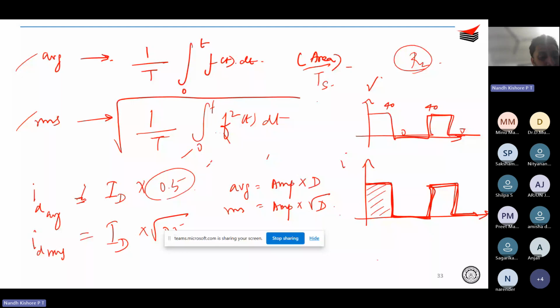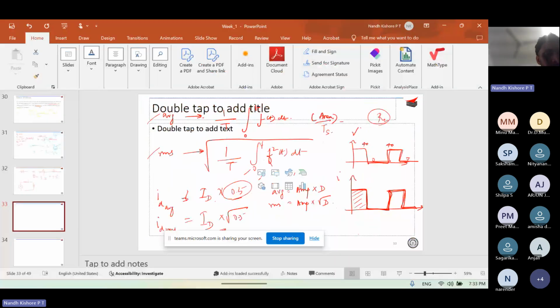Okay. So that is why I wrote ID average is ID into duty, that is 0.5, and ID RMS is ID into root over 0.5. Okay. So we'll just do the math over here.